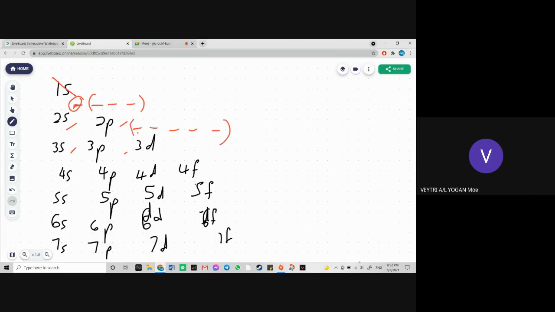Now let's try something simple. Let's try fluorine, Z equals 9. Z over here means proton number, but remember, when an element is in a stable condition, proton number is equivalent to the electron number. Therefore, 9 will be the number of electrons too. So it will be 1s2, 2s2, that's 4 already.